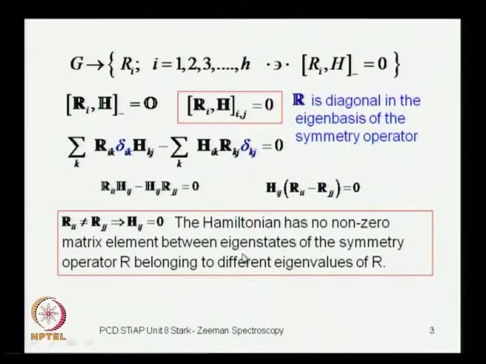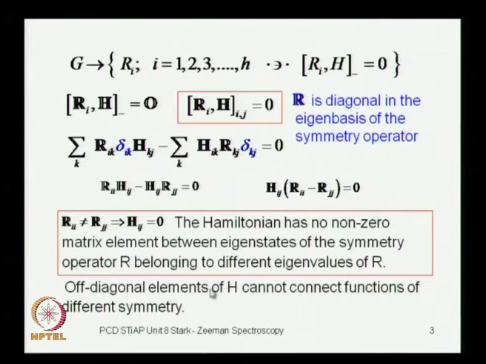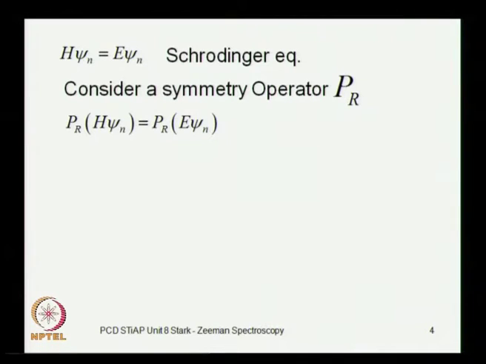So, that is the comfort we get, that you do not have any off diagonal elements which connect functions of different symmetry, and this provides tremendous advantage in getting the quantum mechanical eigenstates of a system. And this is a feature that we will exploit when we look at the Stark effect, because this is related to the question of degeneracy.